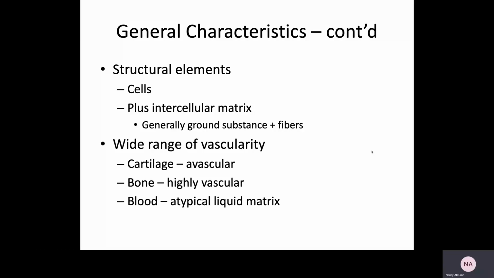Bone, on the other hand, heals very quickly because it is highly vascular, very well endowed with blood vessels. And blood is probably the most vascular of all of the connective tissues because it has that very atypical liquid matrix plasma, and the red blood cells are actually carrying oxygen around.